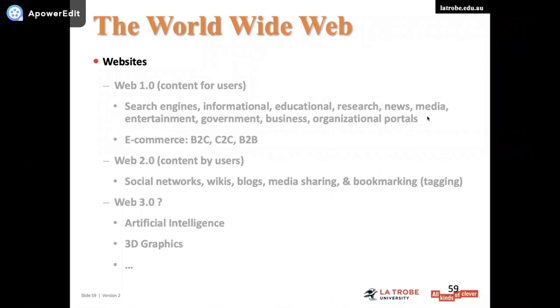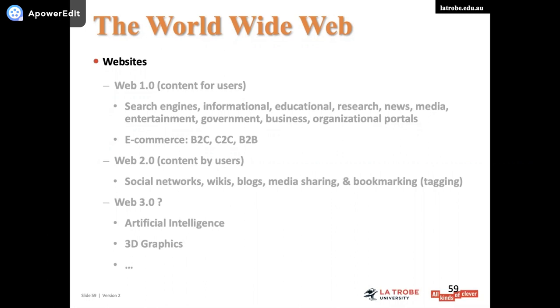So the user just passively received or accepted the content online, such as a search engine, educational website, news website, media, entertainment, government, business, or even e-commerce, business to customer, customer to customer, or business to business. So at that time, the user just passively accepted the information.